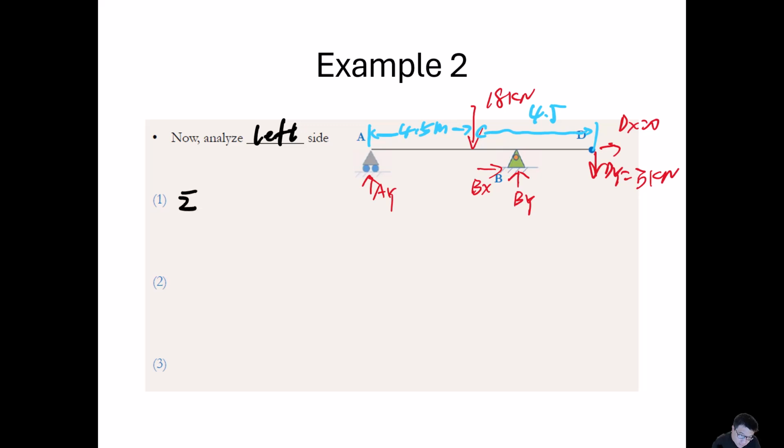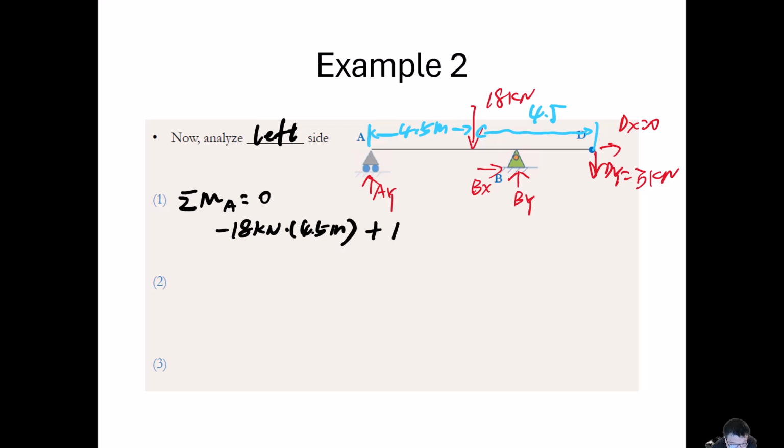Sum of the moment on point A equals 0, which means negative 18 kilonewton times 4.5. So this one is clockwise, which is negative.